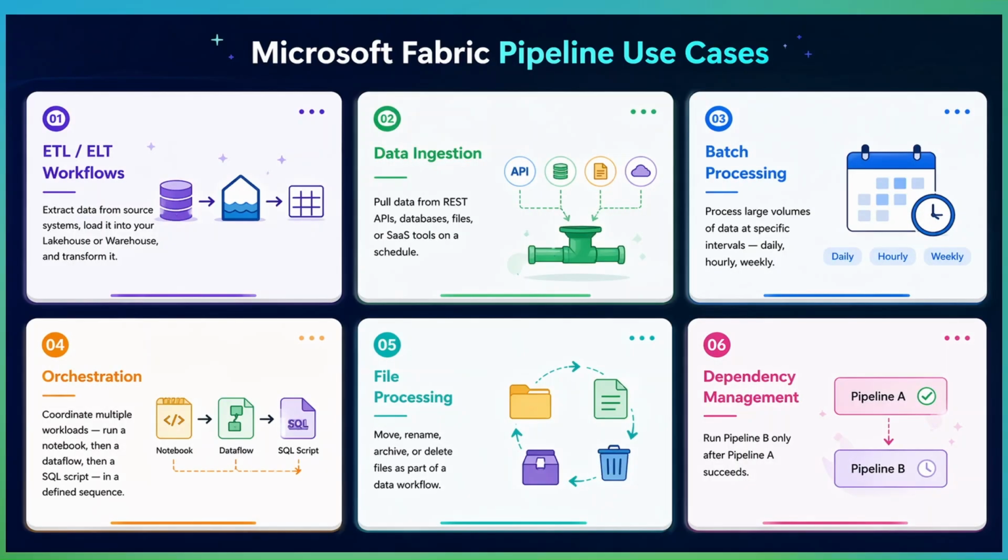All right, so we have seen the real examples and how we can use data pipelines in real scenarios. Let me show you the common situations where data pipelines are used.